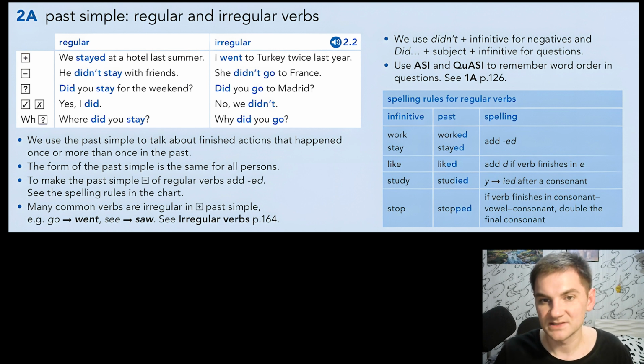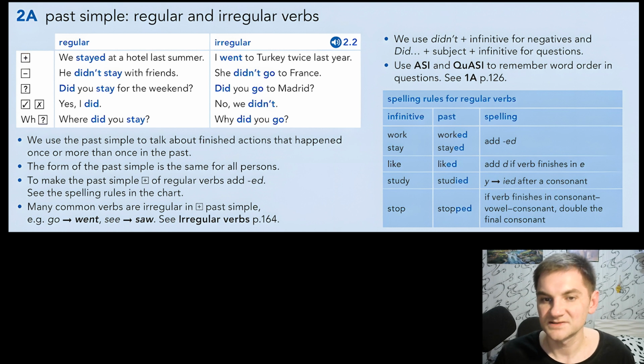Let's check them. Spelling rules for regular verbs. For some words, we just add ed, like work, worked, stay, stayed. For some verbs, we just add d at the end, like liked. Add d if the verb finishes in e. Study, studied. The letter y can be turned into ied after a consonant.